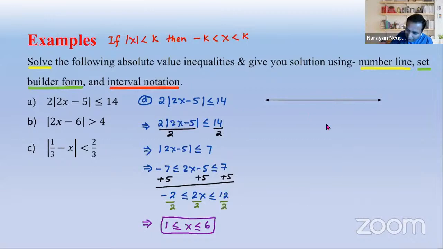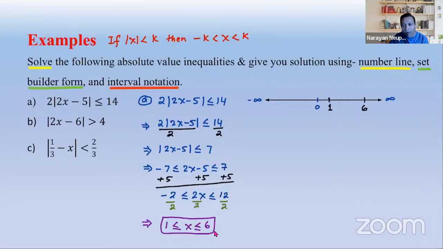So you can mark that from negative infinity up to infinity. You'll have 0 in the middle. Now, in this case, I have two numbers, negative 1 and 6. So I need to mark those two numbers on the number line. Negative 1 is somewhere here. 6 is somewhere there.